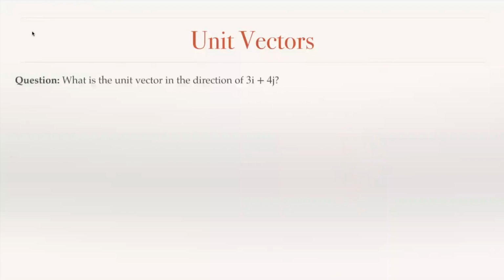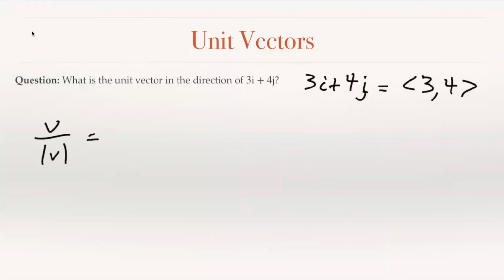So just to illustrate, what is the unit vector in the direction of 3i plus 4j? Well, first recall that 3i plus 4j is the same in our other system for denoting vectors as 3, 4. That's just the x and y coordinates. And we want v over the magnitude of v.